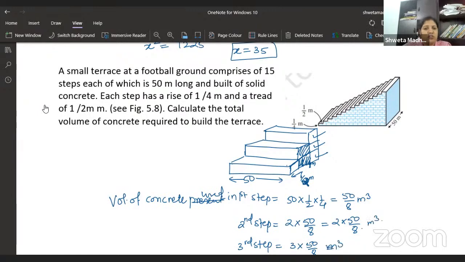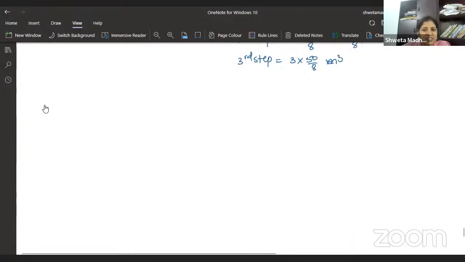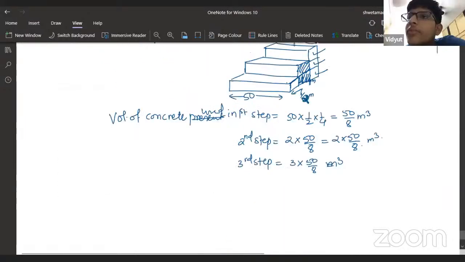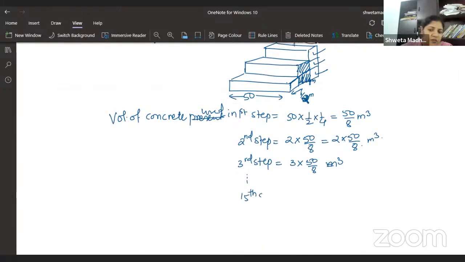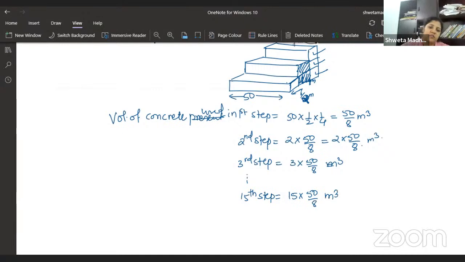Right? So a total of 15 steps are there. In the 15th step, how much volume is available? The 15th step will have 15 into 50/8, right? So we have to calculate the total volume.